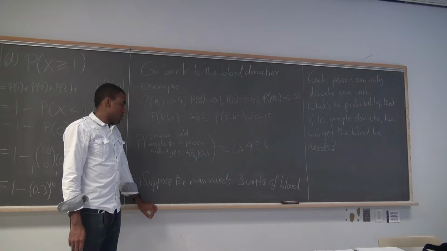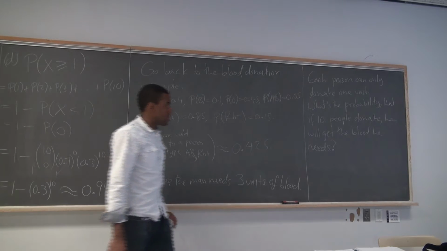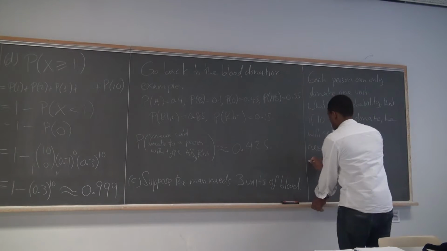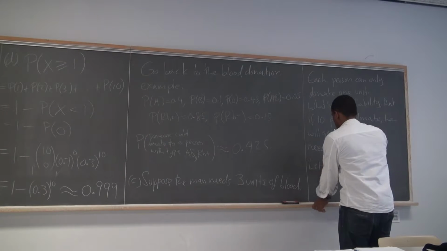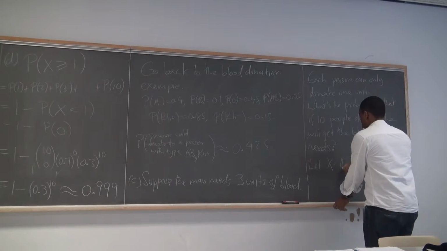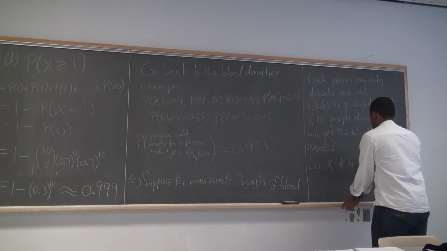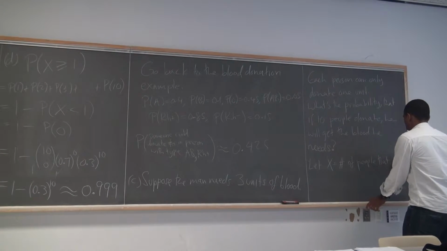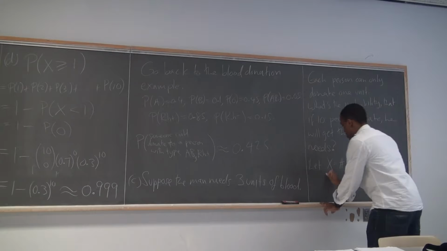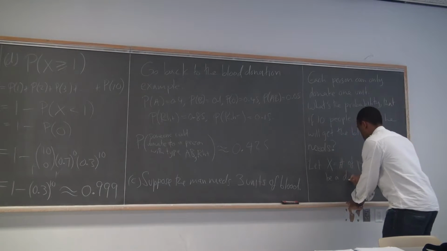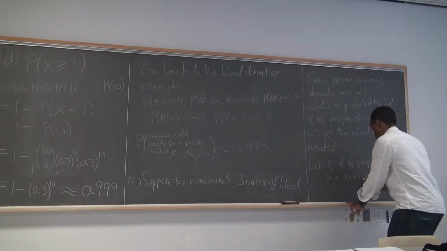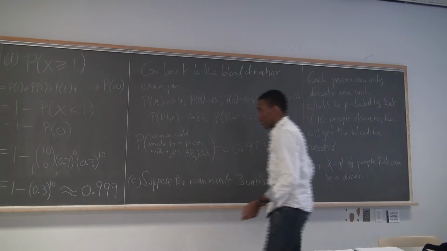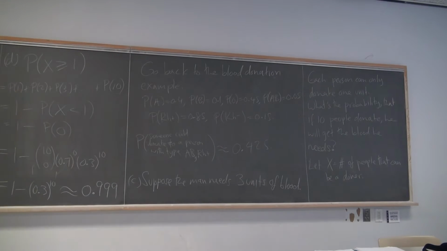Well, let X equal the number of people that can be a donor. What do we want here? The probability of what?